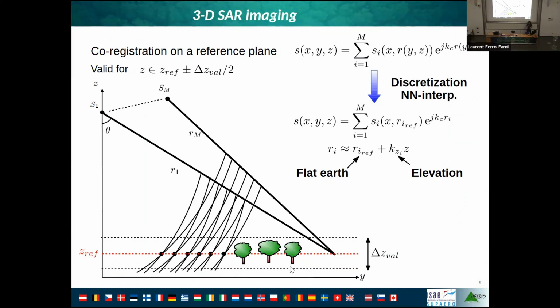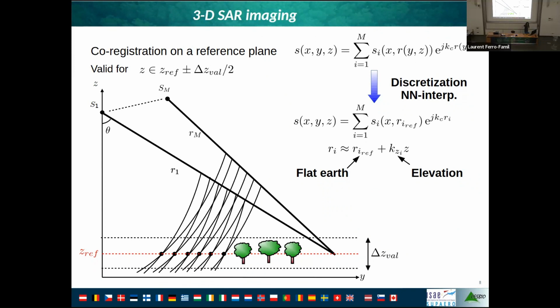Once this is done, you've done the most complicated part of the work because you have co-registered images. At this elevation, you can consider that the distance between one sensor and the scene can be decomposed into two terms. One is this reference distance that people do for you when you get data from DLR, from ONERA, from other agencies.